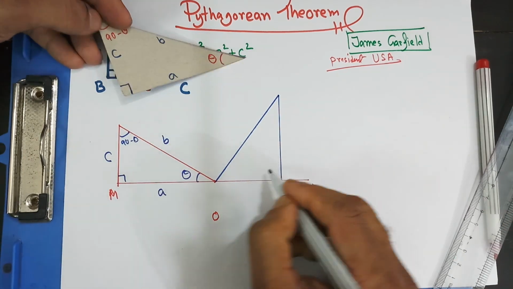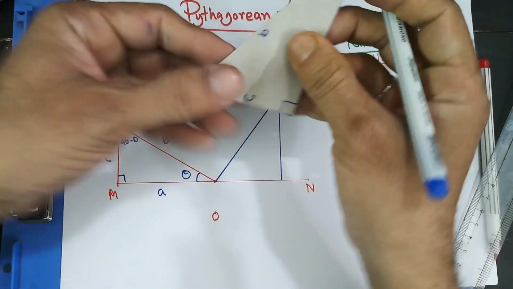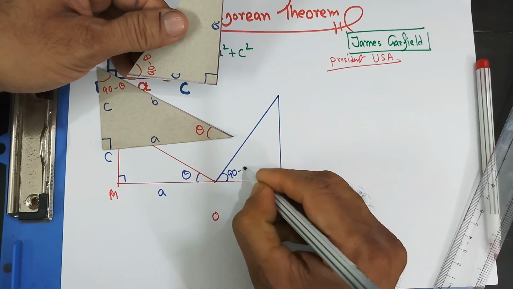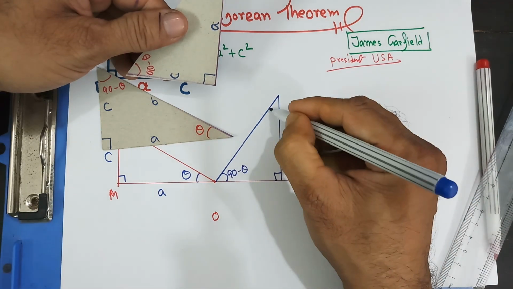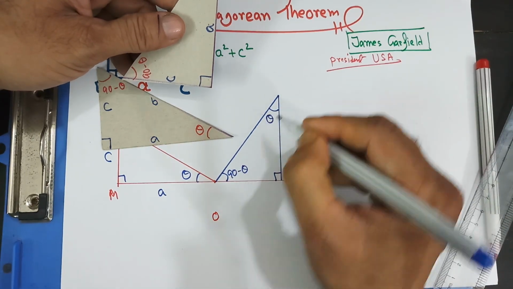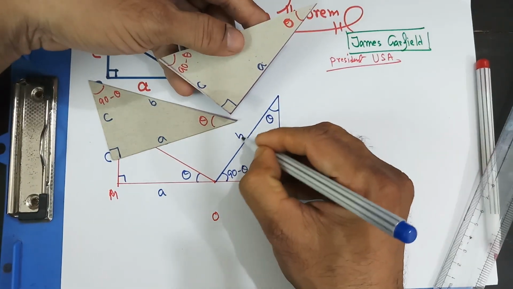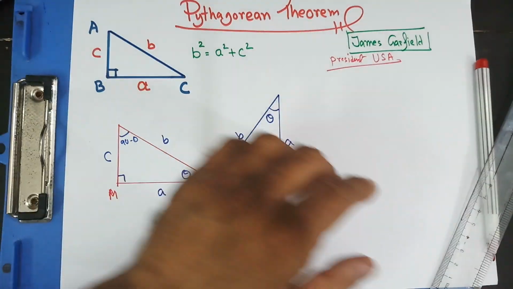I don't need that, but just to show you how this thing works. And this one was 90 minus theta. So this particular place is 90 minus theta. This is this, and this is theta. And when I do that, this is c, this is a, this is b. So that's all I need over here.